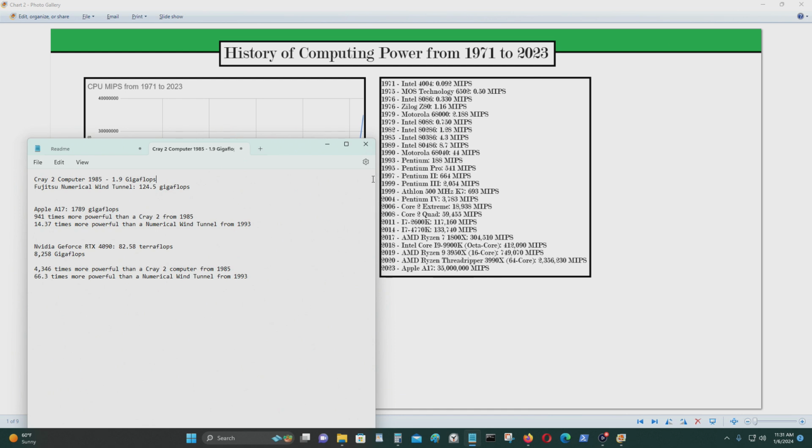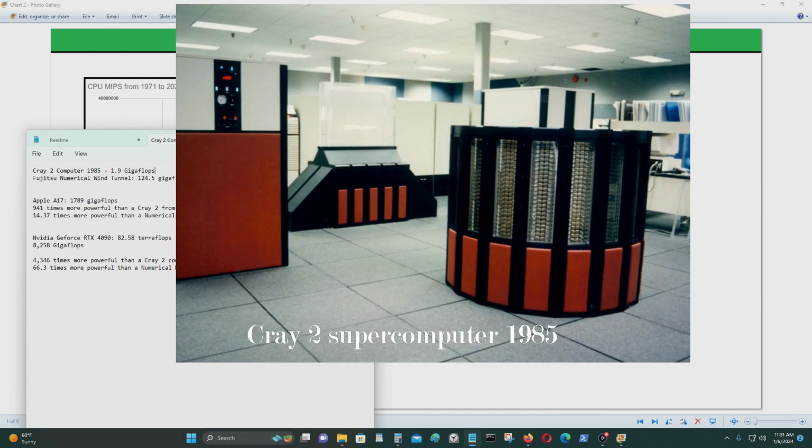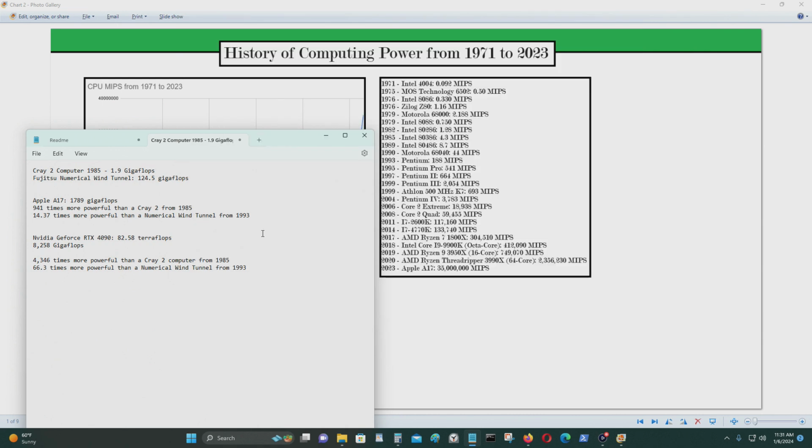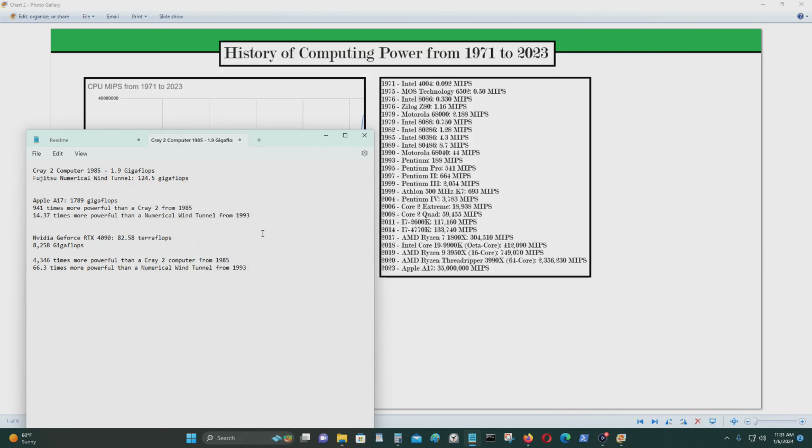And an Apple A17, which is one of the most powerful CPUs out there right now, is capable of 1.789 teraflops, or 1,789 gigaflops. So it is about 941 times more powerful than a Cray 2 computer from 1985. It is 14.37 times more powerful than a Fujitsu Numerical Wind Tunnel from 1993.